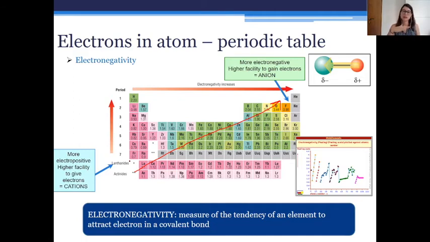We explained that it is increasing through the periodic table because on this part of the periodic table, we will have a lot of electrons in the atoms.